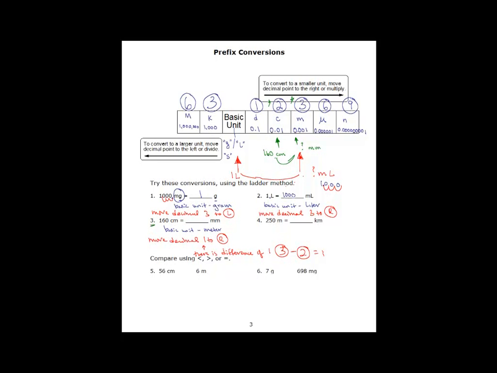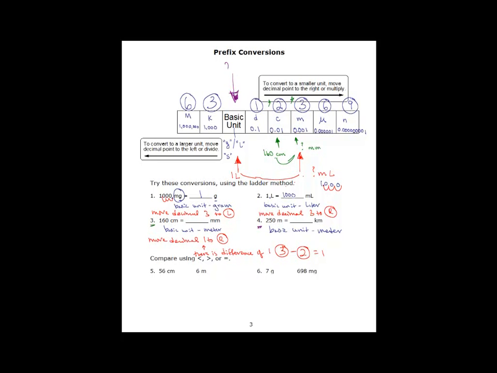Okay, number 4, 250 meters to kilometers. I'll do this one in purple. So our basic unit is the meter. And we're starting off at the basic unit. So we're starting off right here.